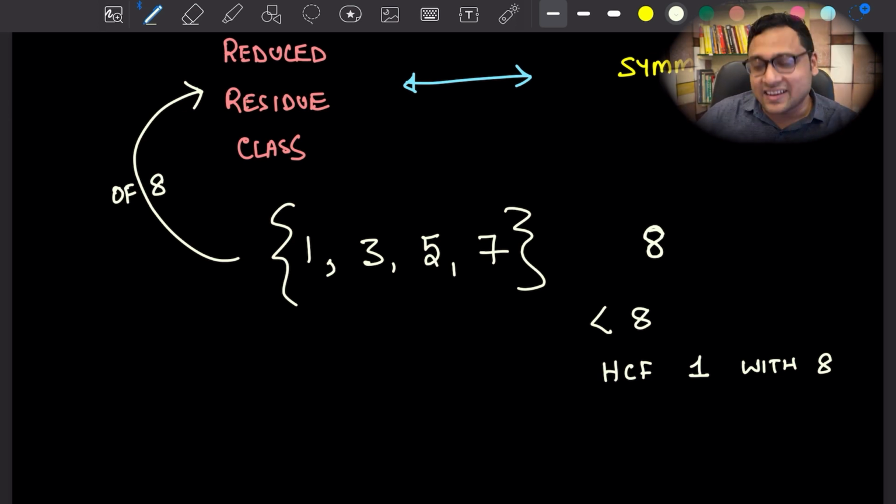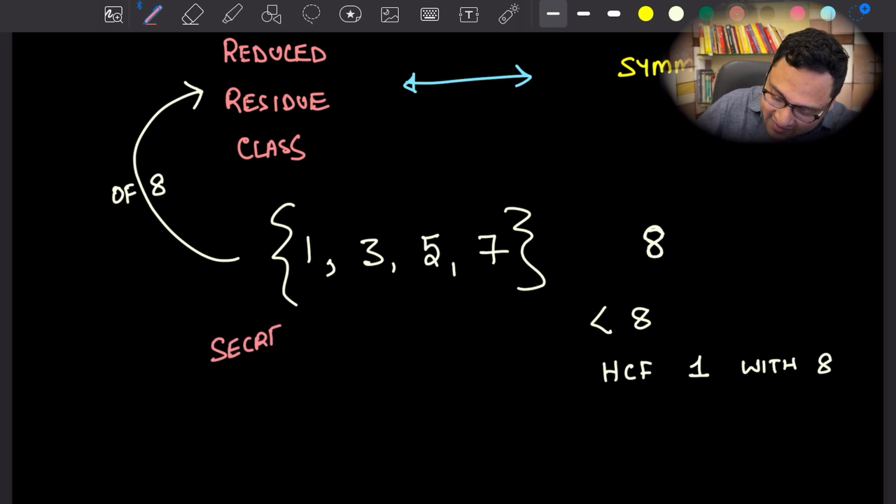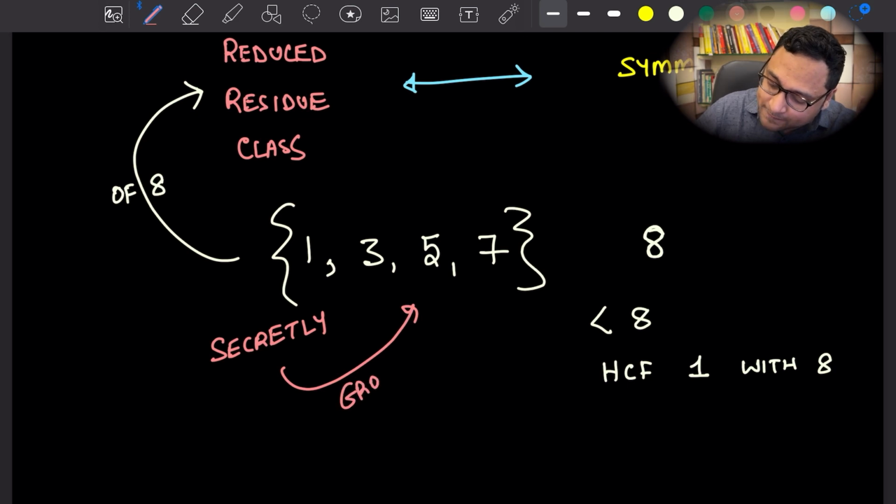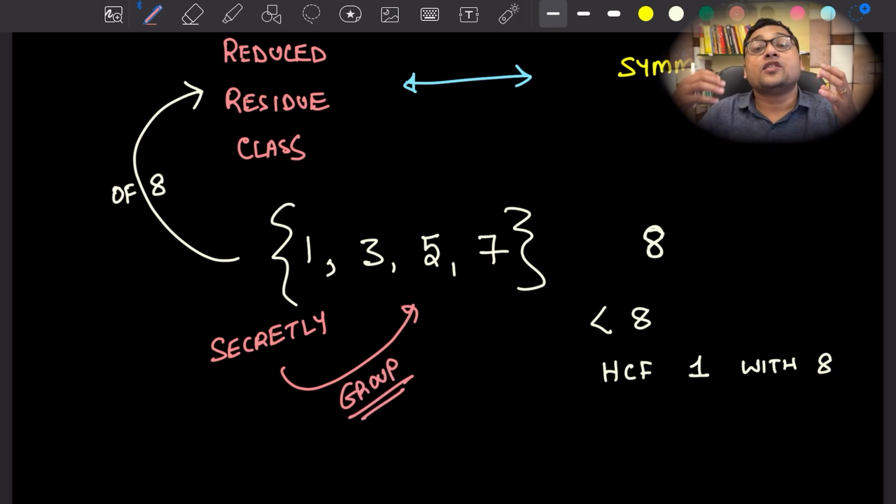But secretly, this is actually a group. So maybe you've heard about group theory. It's a very beautiful part of mathematics. In fact, it was also part of my PhD thesis. I studied something called geometric group theory.